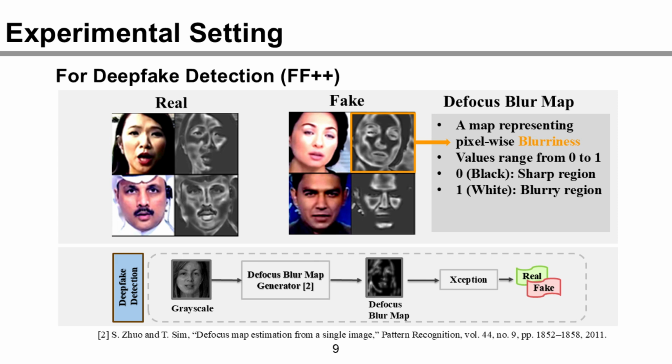Black represents a sharp region, white represents a blurry region. To generate these maps, we adopted a well-established edge-based algorithm proposed by Jeon and Jeon. Our pipeline is shown below. We take an image, generate defocus blur maps, feed them into a backbone, and classify it as real or fake.